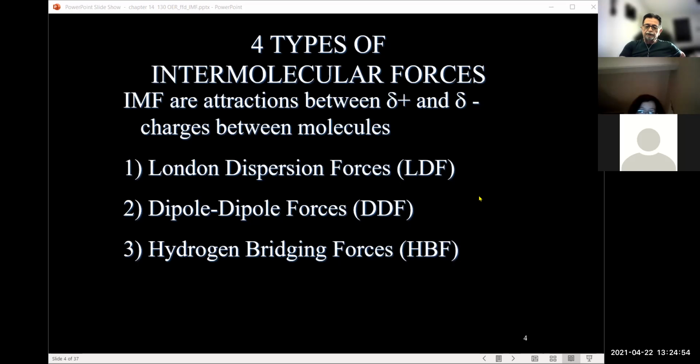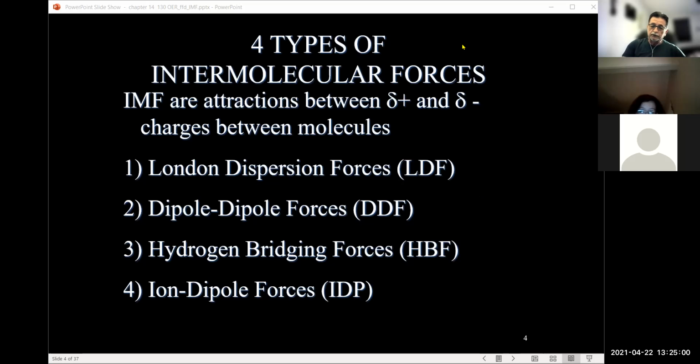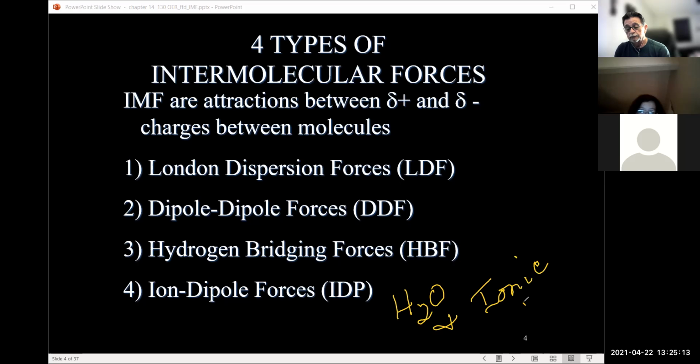And then the fourth one is called the Ion Dipole Force. Now, think about this one. It only pertains to examples where you have water and some ionic compound, okay? Only for that example.